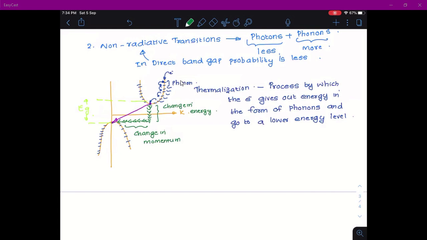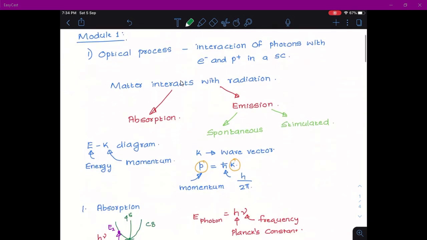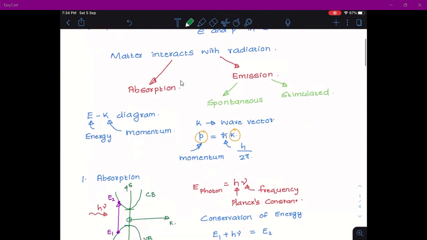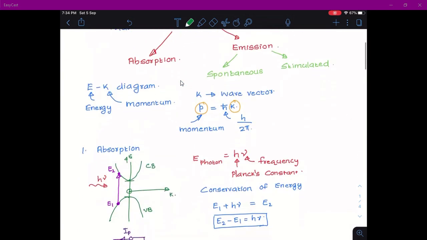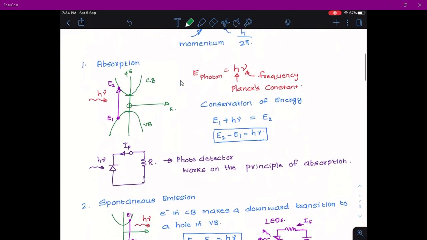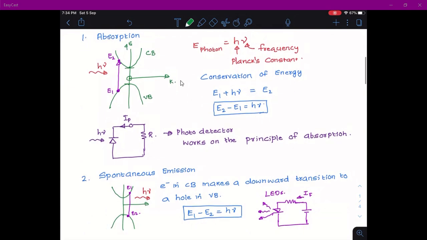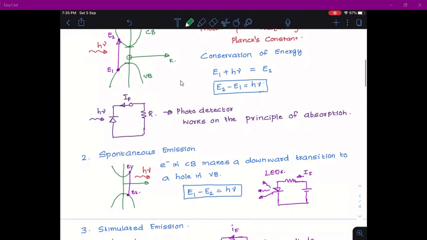So we have seen in this lecture that matter interacts with radiation, and we have absorption and emission. Emission has spontaneous and stimulated. We saw that momentum is equivalent to the wave vector k. We have absorption, where you absorb light and move to a higher energy level in the conduction band.